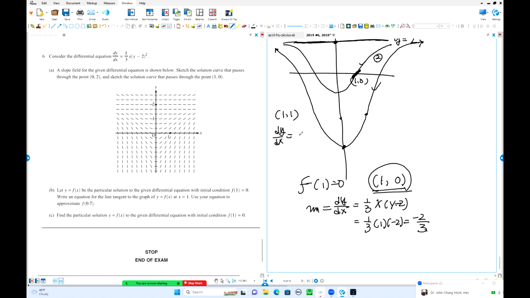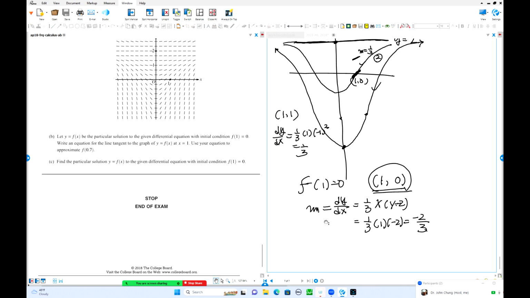Negative 1/3, x is 1, y is 1, minus 2 is negative 1, squared, equals 1/3. That's correct, right? This is very close to 1/3, isn't it? 1 and 1 over there, okay? The graph looks like this way. Slope, okay? Yeah. This looks like 1/3, okay?